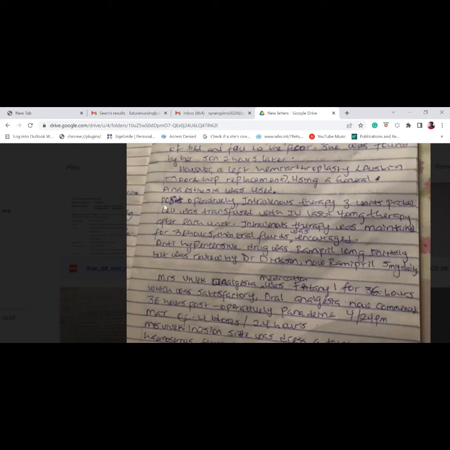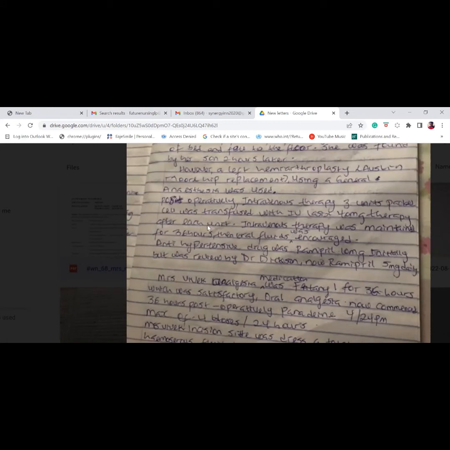Postoperatively, remember that this P is going to be a capital P. You can say she was treated with intravenous therapy of 3 units of packed cells, which you just say she was transfused, as well as IV Lasix 40 milligram given after each unit. Intravenous therapy was maintained, so you don't have to repeat this.